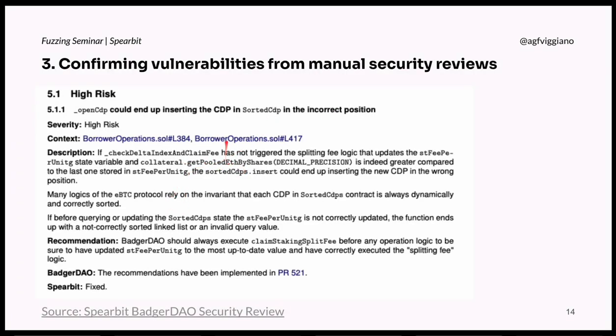The root cause of this issue is not very simple to explain here in a very short time. But the root cause was an inherent difference between eBTC and Liquity LUSD, which is that Liquity uses only Ether as the collateral, and eBTC uses staked Ether.